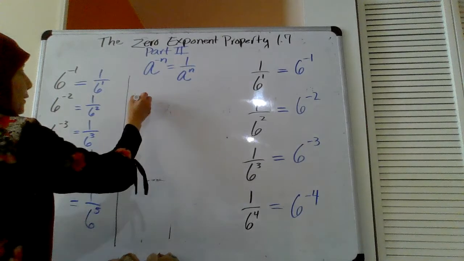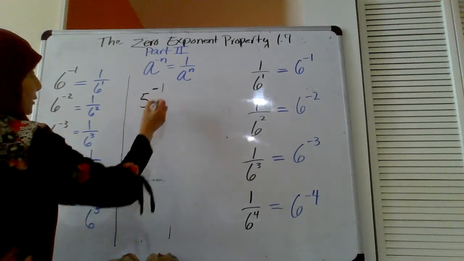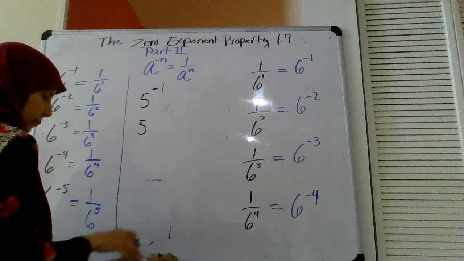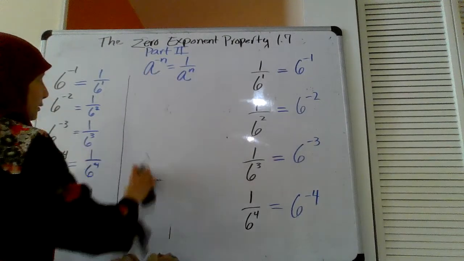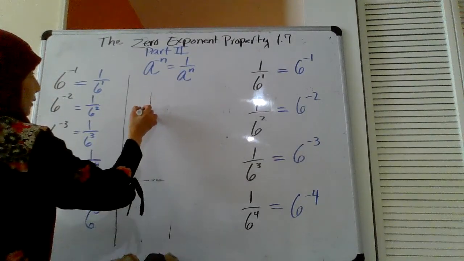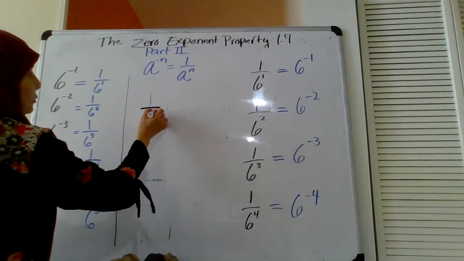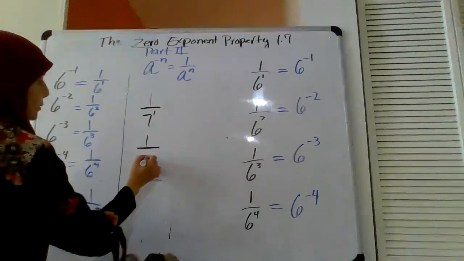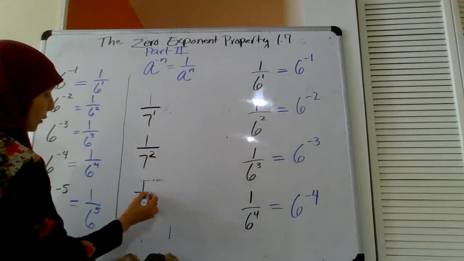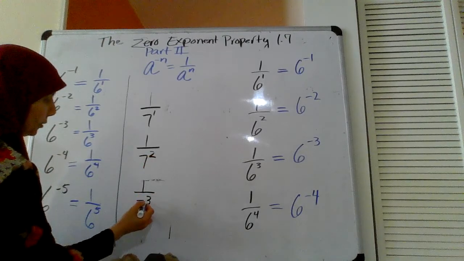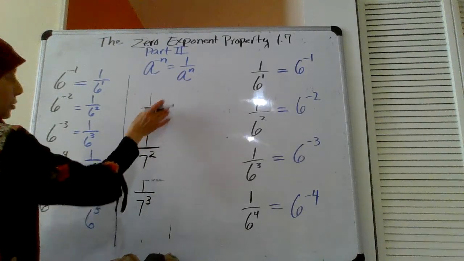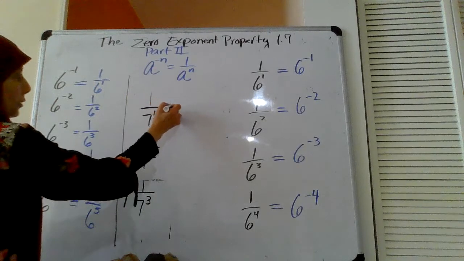Let's do 5 to the negative 1, 5. Nope, I'm sorry, I didn't mean to do that. I wanted this form right here. 1 over 7 to the first, 1 over 7 squared, 1 over 7 to the third. Can we take this expression and convert it to a negative exponent?